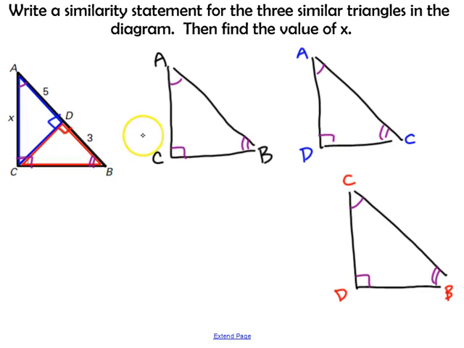Now we want to go through and label the lengths of the sides that we have. Anytime you see segment AD, you want to label it with 5. So here we have AD, we'll label with 5. And then whenever we see segment DB, we want to label with 3.